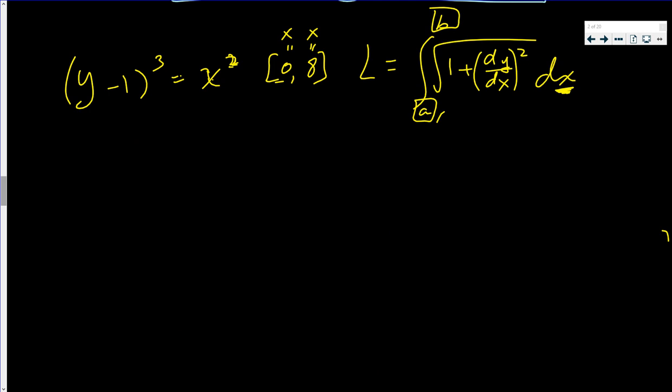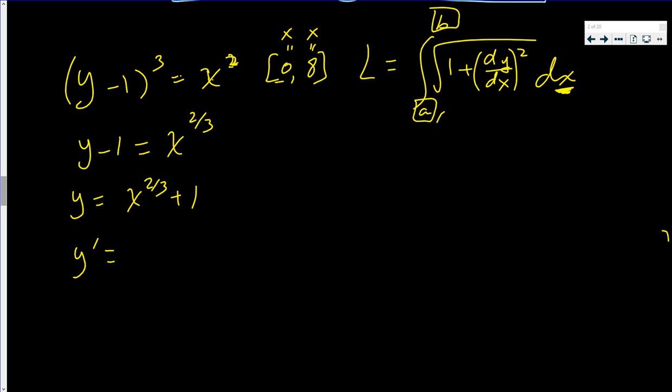Alright. So we have that. Taking the cube root of both sides, y minus 1 is x to the 2/3. So y is equal to x to the 2/3 plus 1.